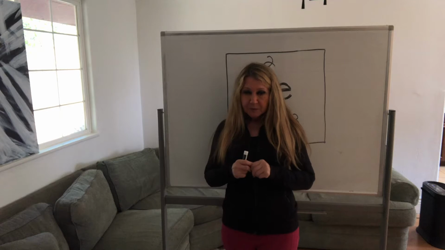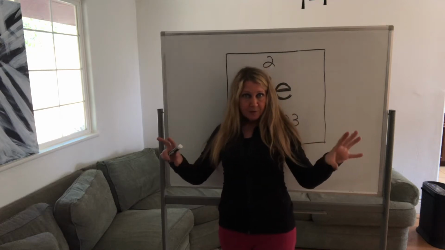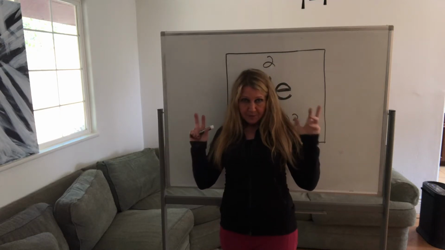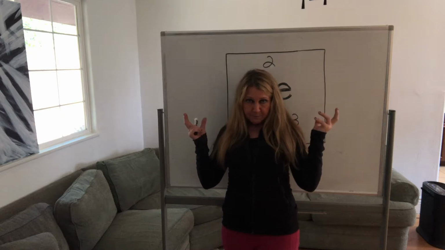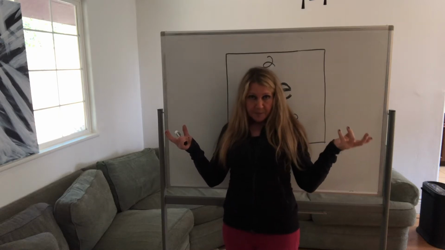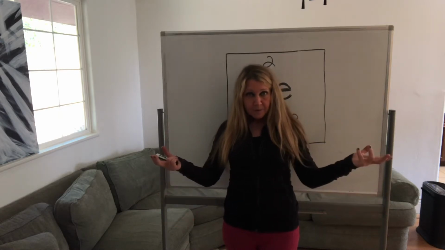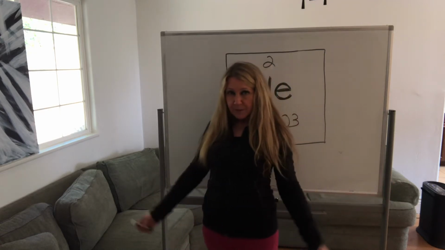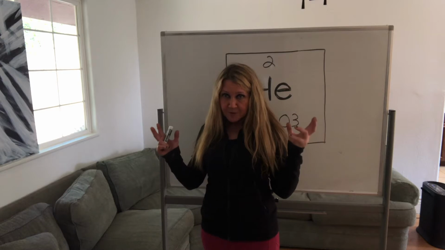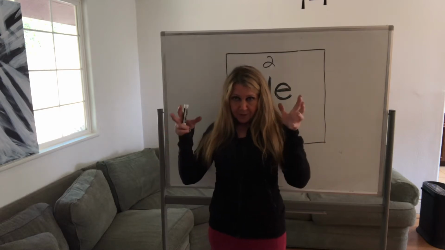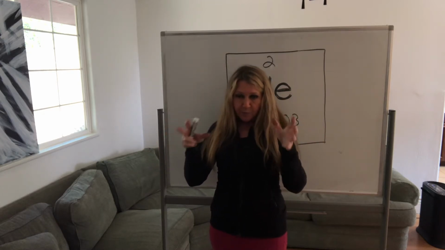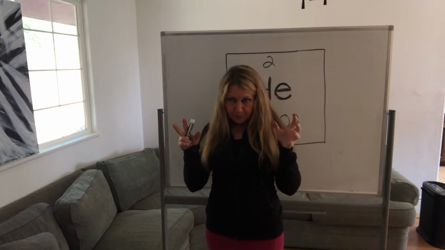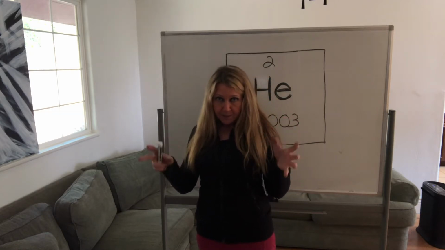And the periodic table of the elements lists all of the known elements in the universe. Some of them are synthetic, they're man-made, some of them are natural. When we look at the periodic table, though, the first thing we're going to talk about is the information you can get about the individual element.